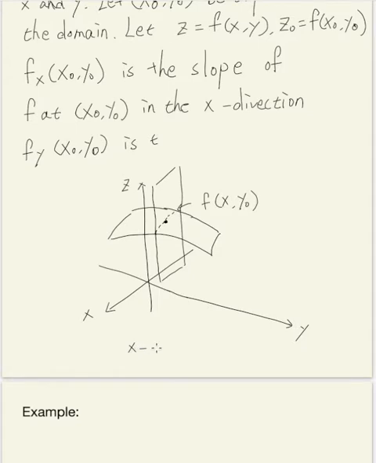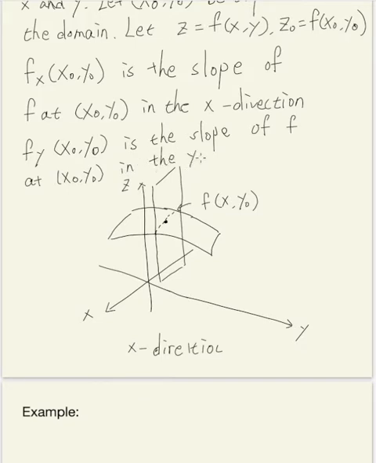This is the x direction slope of f at x naught, y naught in the y direction.